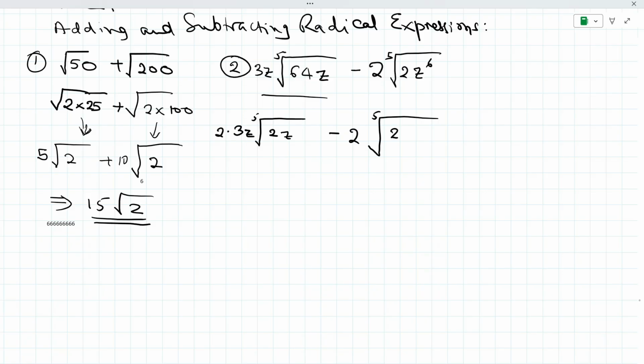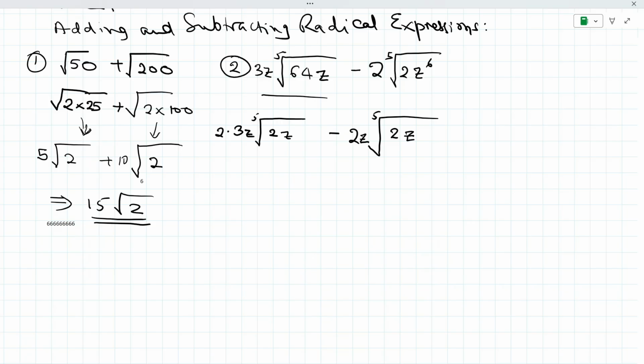But we have z to the power 6. So we can actually remove z to the power 5, find the fifth root of that to give us a z that we put outside of the root sign, and we'll remain with a z here.